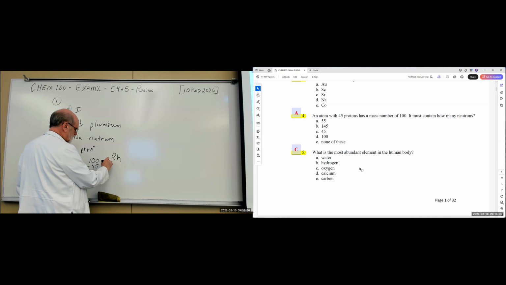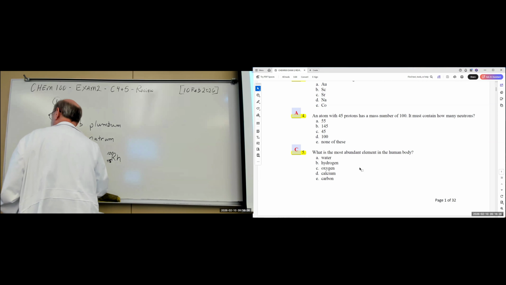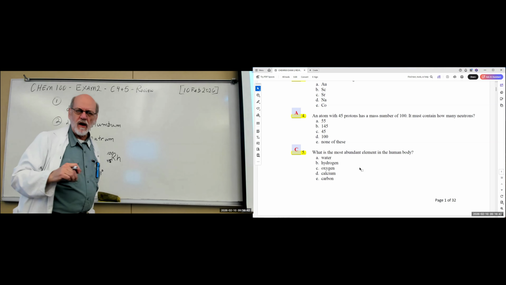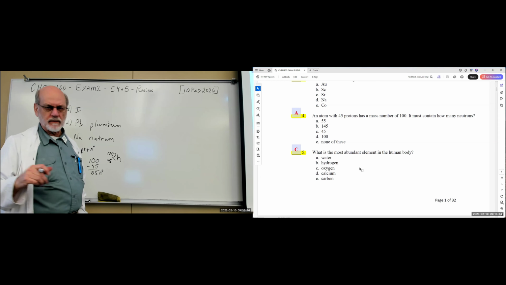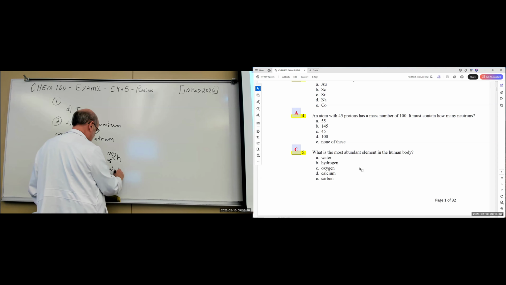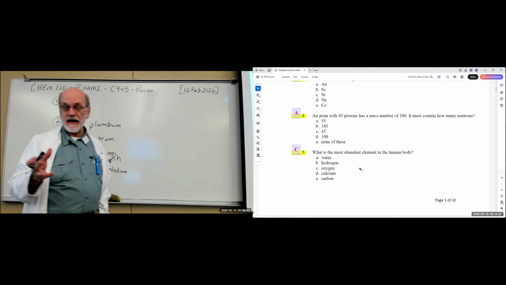So that's one isotope of ruthenium. Oh, excuse me. No, I'm sorry. Ru is ruthenium. Rh is rhodium. This is rhodium. There we go, rhodium. I didn't ask you to memorize that one.